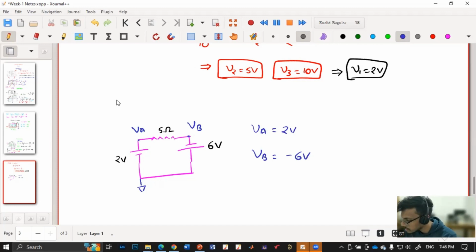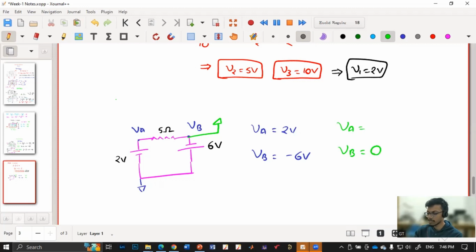Okay. So this is one set. Now I will consider another set, where I will consider this to be ground. So now what is VA and what is VB? VB is 0, right? Because I have considered this ground. And VA is how much? 8 volt.